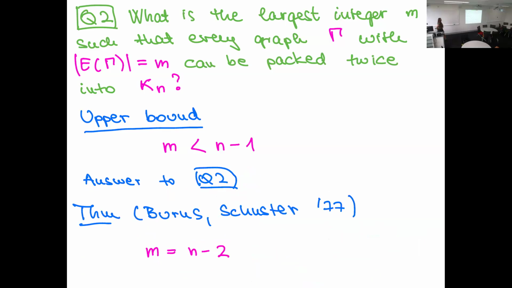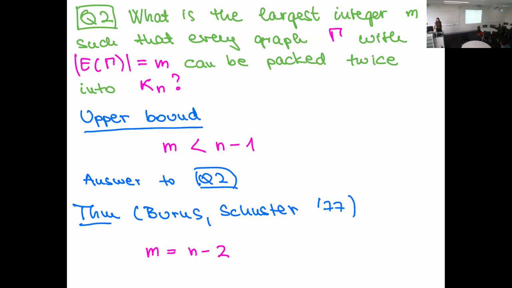And it was proved by Burns and Schuster in 1977 that any graph of your choice, which has fewer edges than this star counterexample, can be packed into Kn twice, which is quite cool. And this was proved using just graph-theoretic methods, and it's a very nice result.